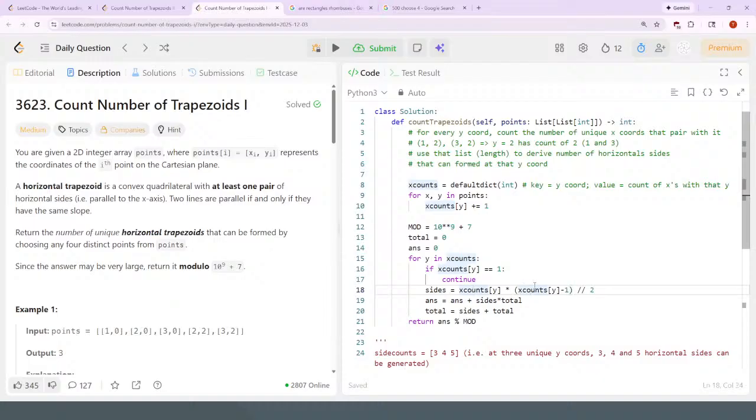So when I did that, I had to reverse engineer the number of sides based on that pairing of y coordinate to count of x coordinates.